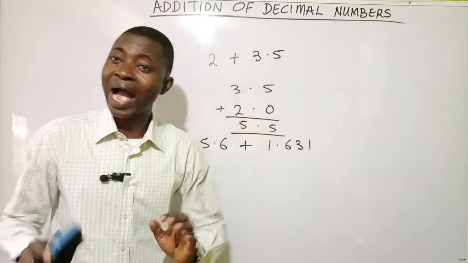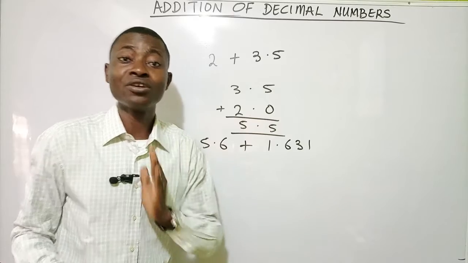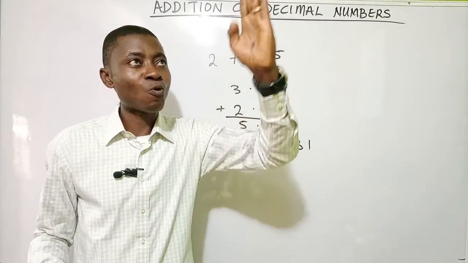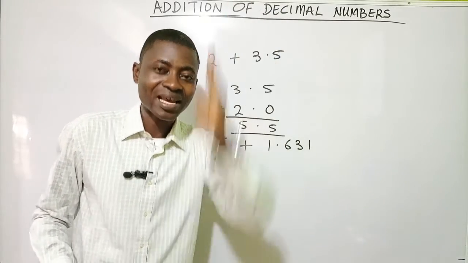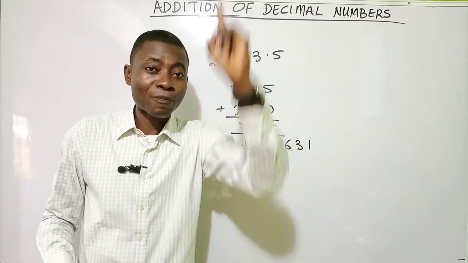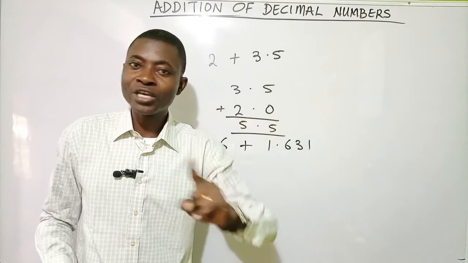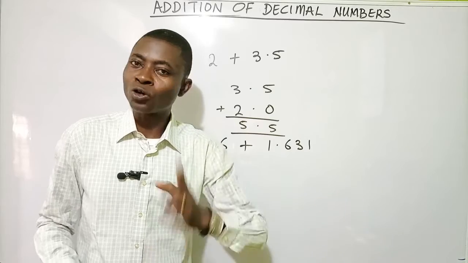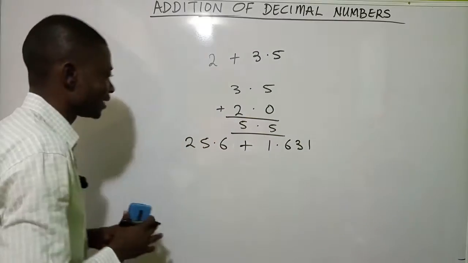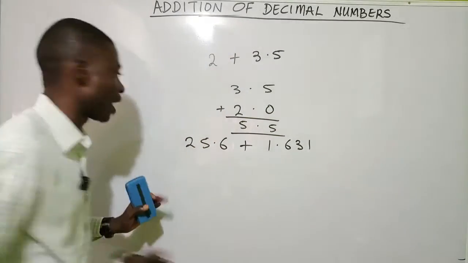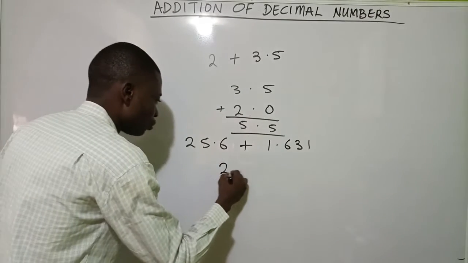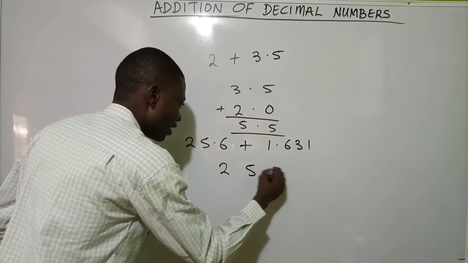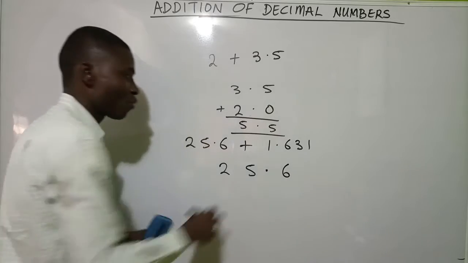Remember again, when you are adding decimals together, the rule is that the decimal point must be on a straight line. By so doing, you won't miss your answer. What do I mean by that? We arrange it like this: 25.6, and the point is here.